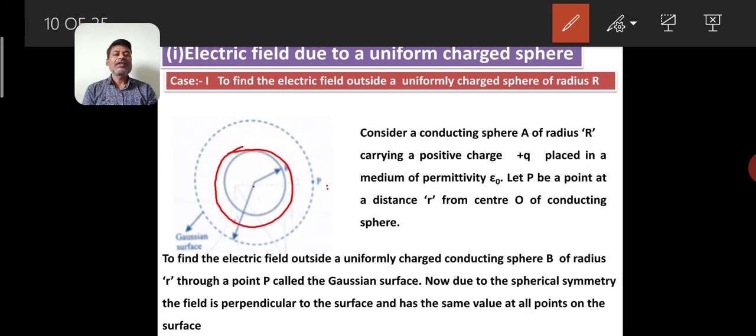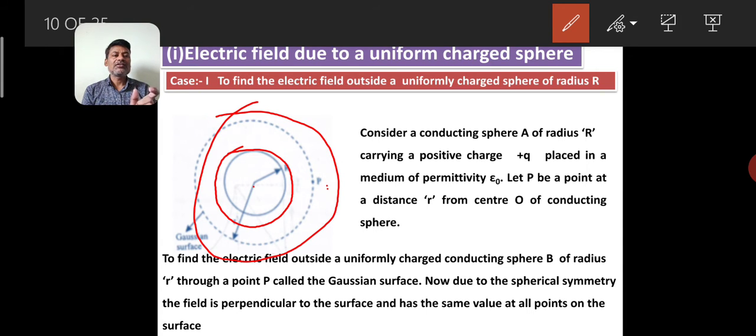To find the electric field outside a uniformly charged conducting sphere, we have to draw, through the point P, a sphere B of radius small r. You know that the distance from point O to P is small r.